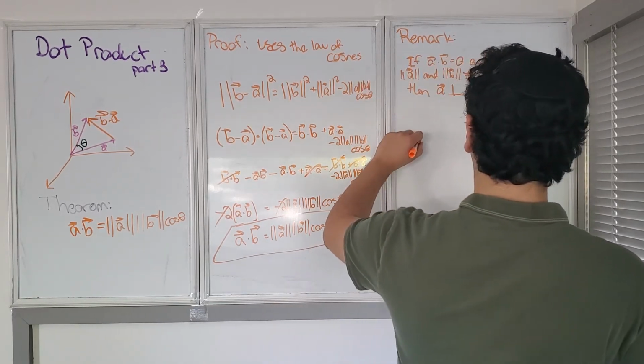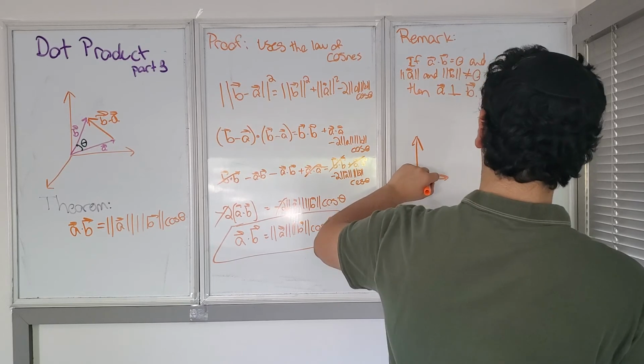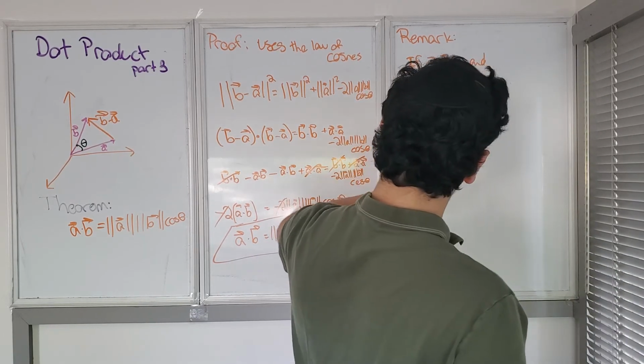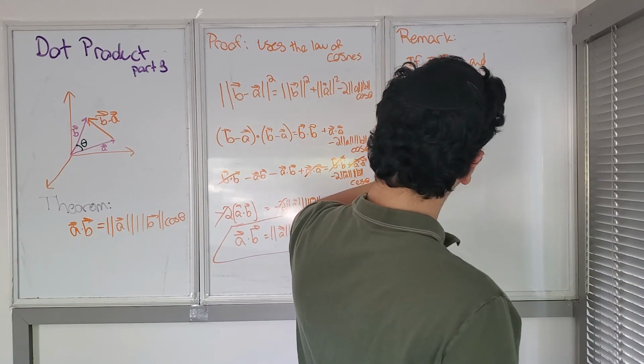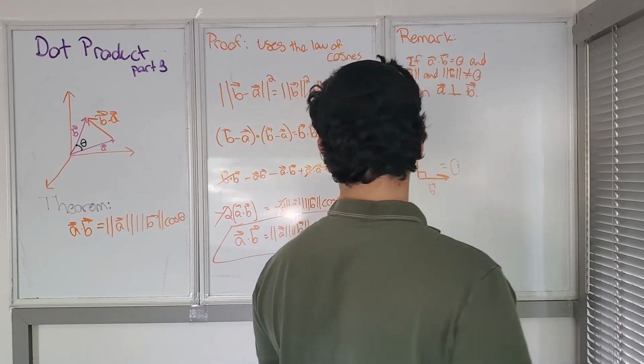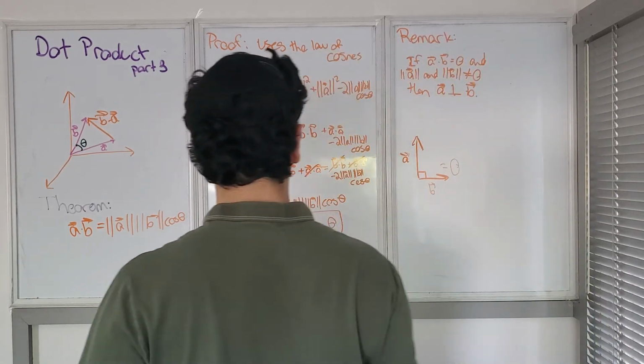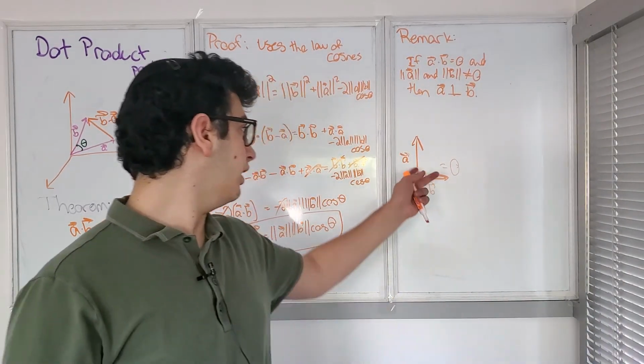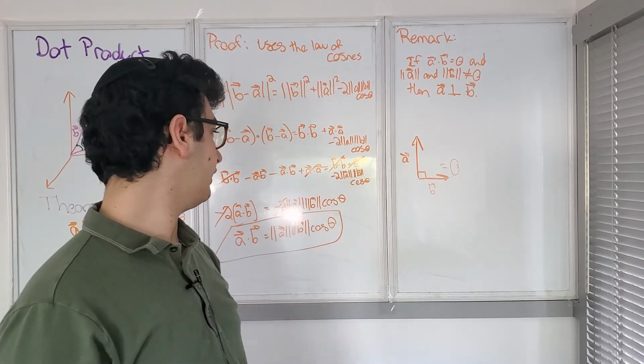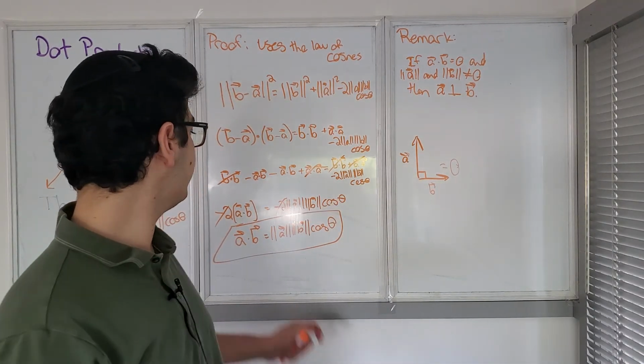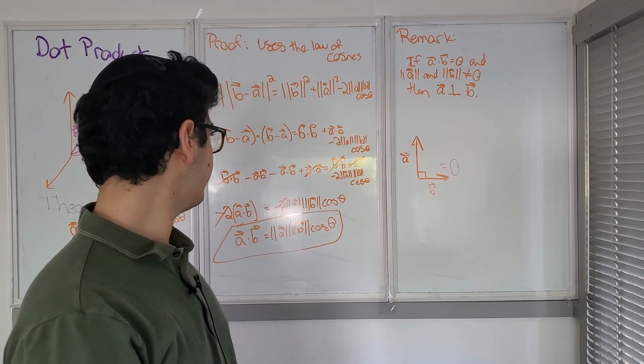So if I ask what's the dot product between these two vectors, the answer would be 0, because the angle is pi over 2 and cosine of pi over 2 equals 0. So their dot product is also equal to 0.